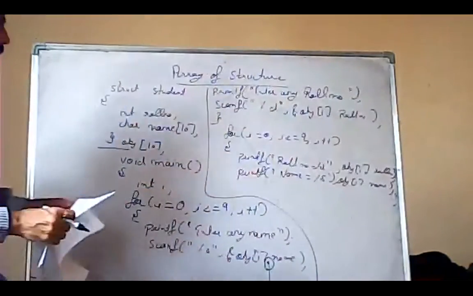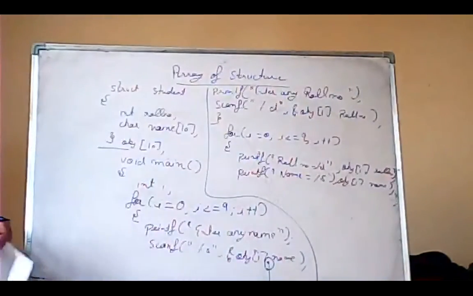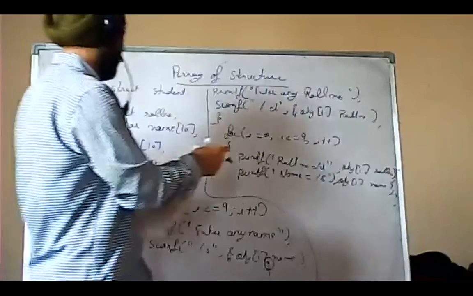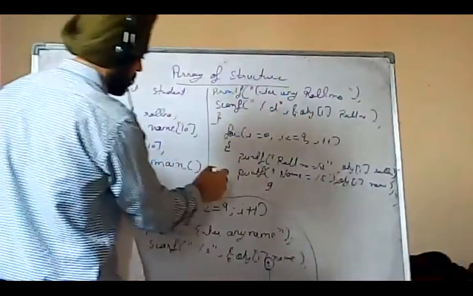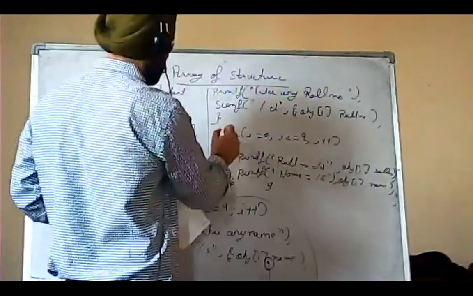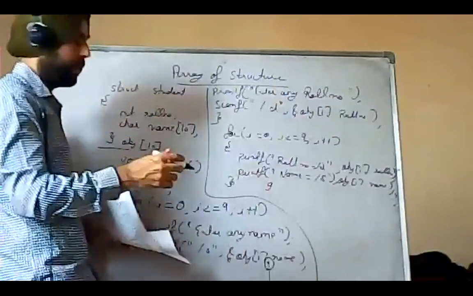So after that, we just close the compound statement for this for loop, that is specifically for displaying the value.